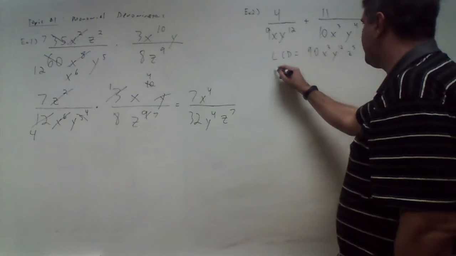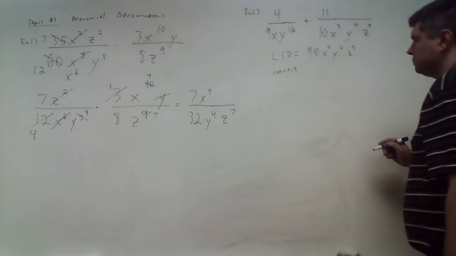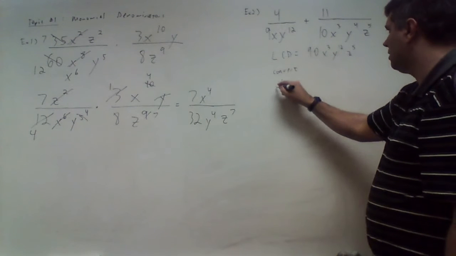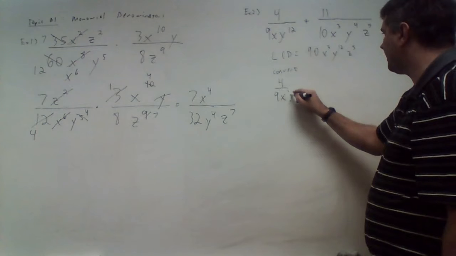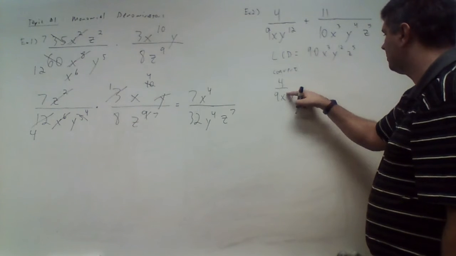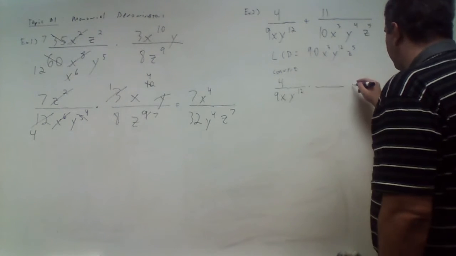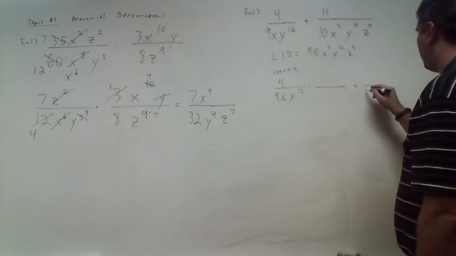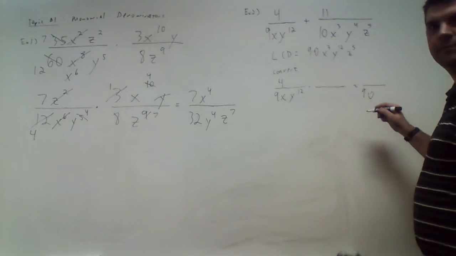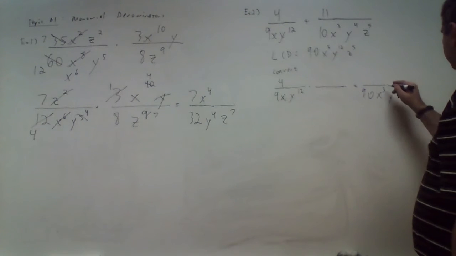Okay, so now we need to convert them. So 4 over 9xy to the 12th times, we don't know that part, but we know when it's over, we're going to want a fraction that's over 90 x cubed y to the 12th z to the fifth.